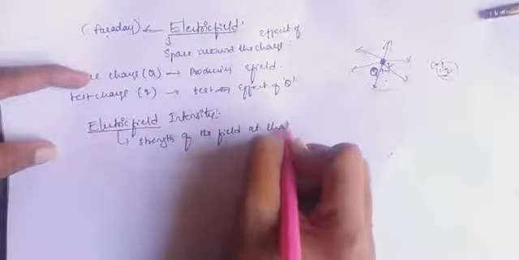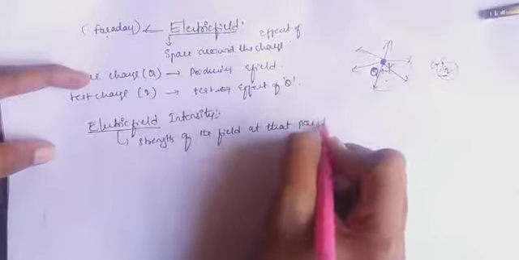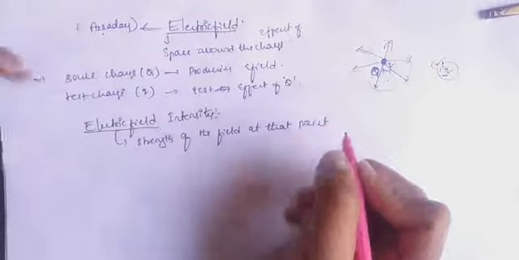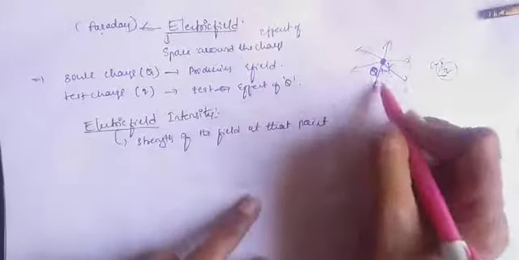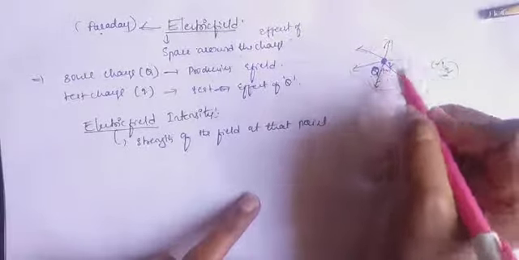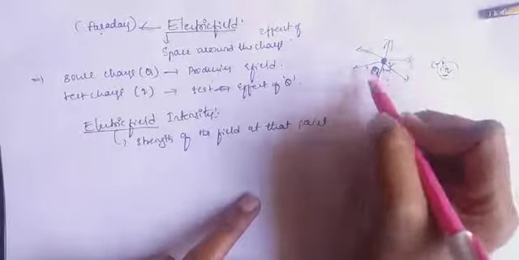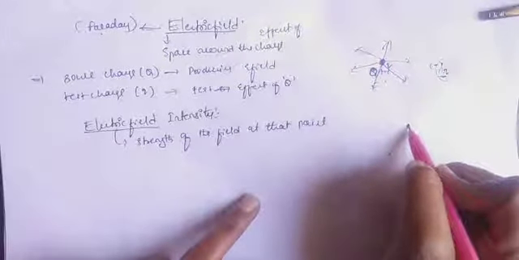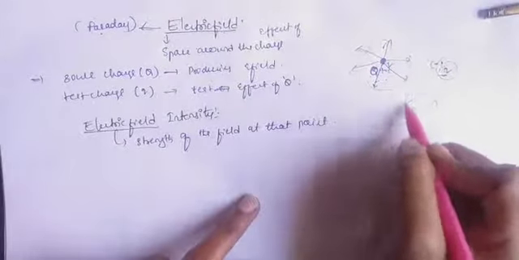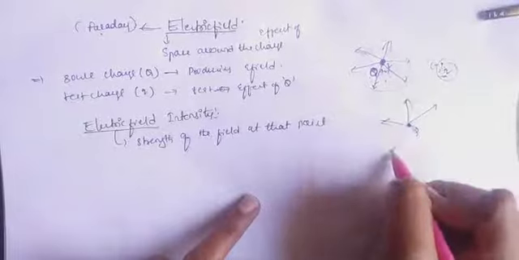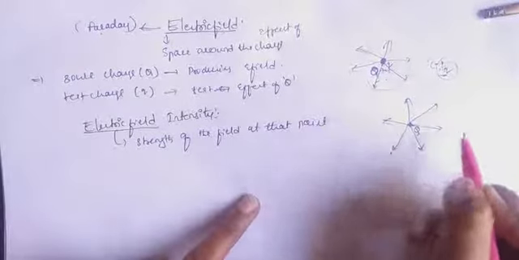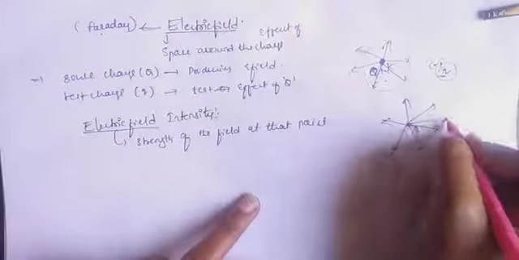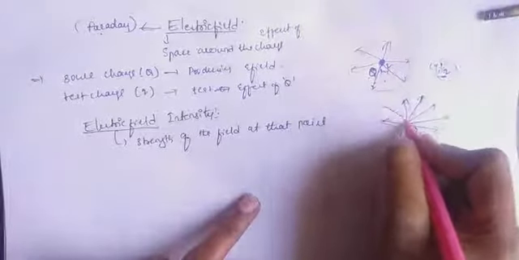Let us consider the source charge, which is giving some field. We have so many field lines, as this is a source charge, and we get electric field lines like this all over the space. Now I am placing the test charge here.